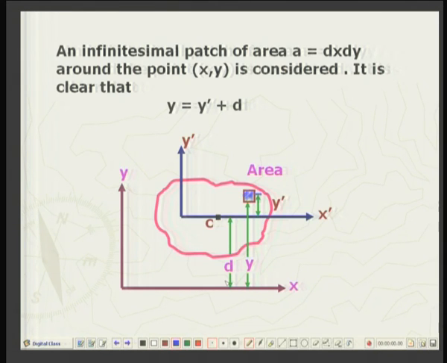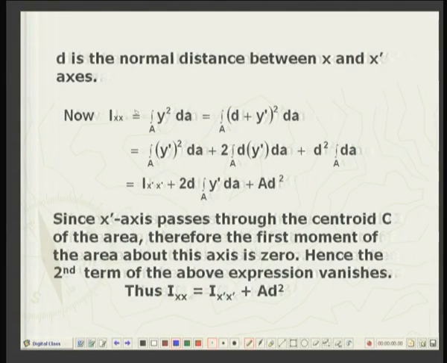So, y is equal to y dash plus d, and then we use the definition of Ixx, namely area integral of y square, and for y square we substitute d plus y dash and expand this bracket. We will get area integral of y dash square, plus 2 times the area integral of d times y dash, plus d square, d being constant has been taken out, d square times the area integral of dA.